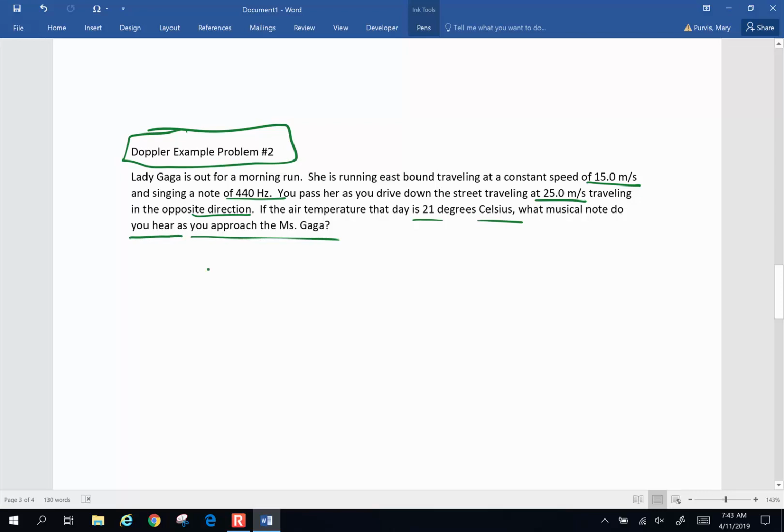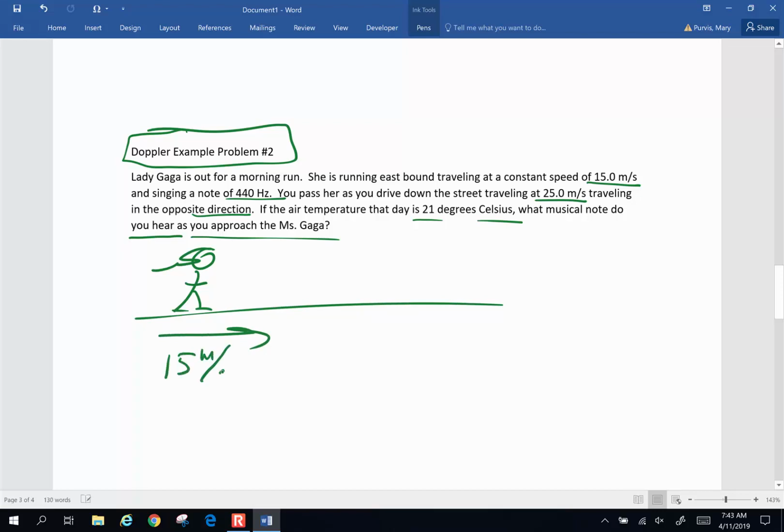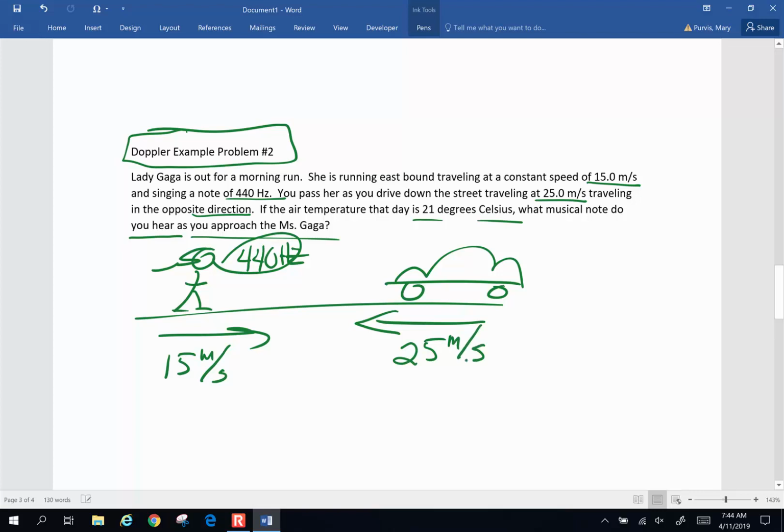So here we go. Here's the situation. Here's Ms. Gaga out for a run. She usually looks more elegant and glamorous than that, but she's going to be moving towards us at 15 meters per second, and she's going to be singing a note of 440 hertz. You're going to be in your fabulous car, traveling towards her at 25 meters per second.